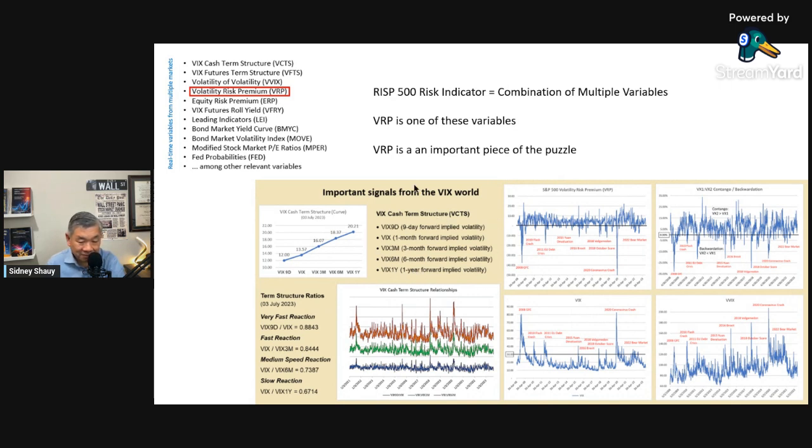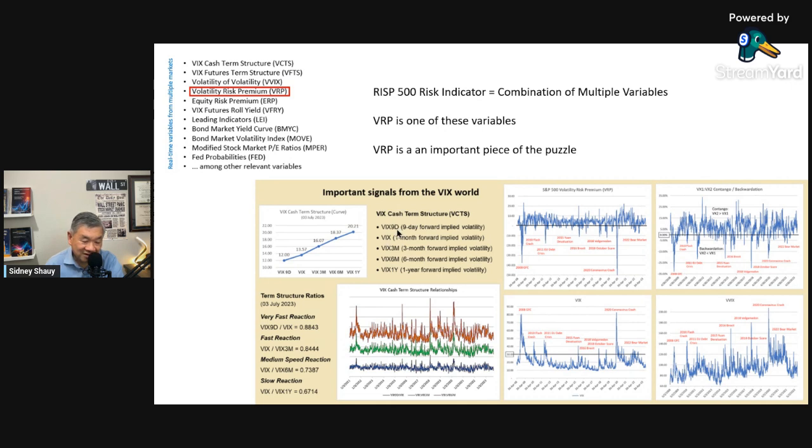What's interesting is that if you compare the relationship between the VIX 9D and the VIX, the VIX and the VIX 3 months, the VIX and the VIX 6 months, and the VIX and the VIX 1 year, you will see that the VIX 9D, because it's only 9 days, moves very fast. It is the earliest mover.